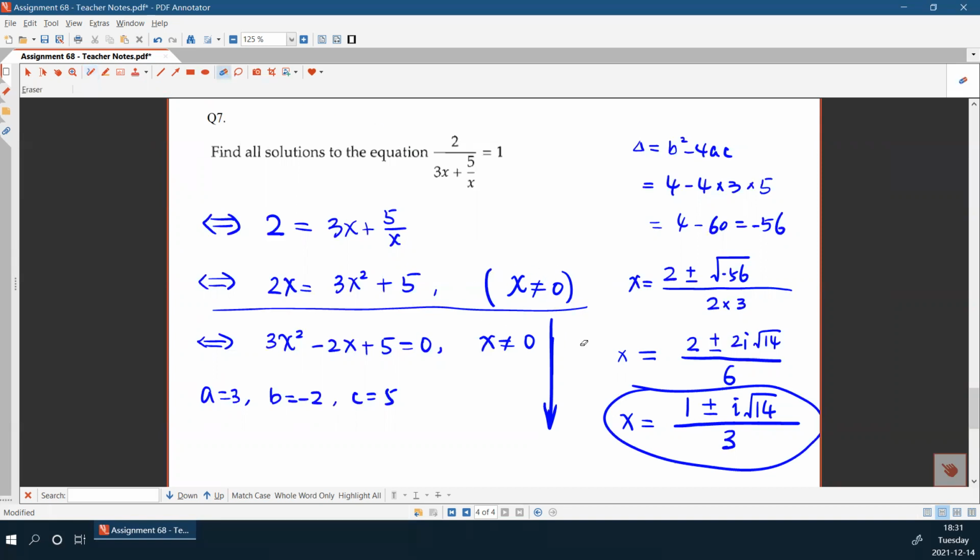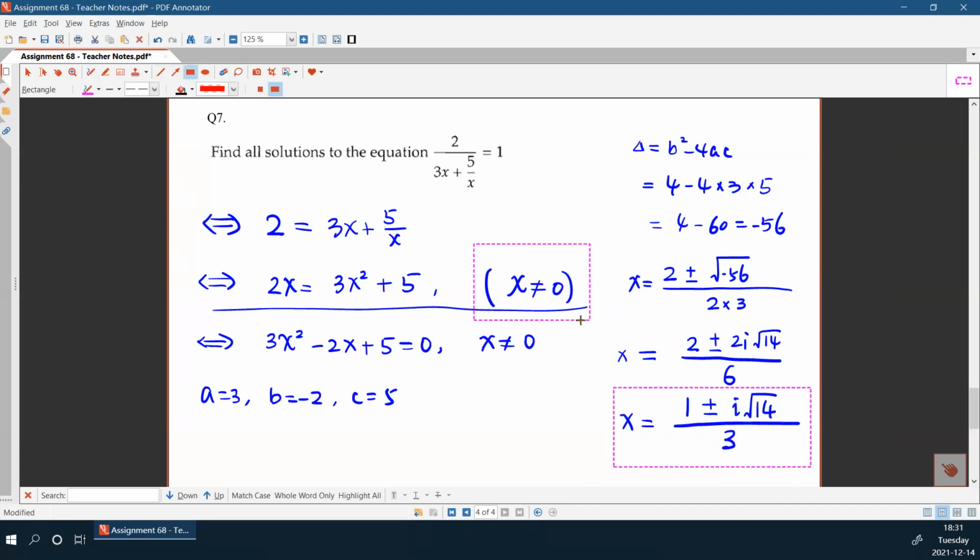So at last, you need to verify if your solution here is 0 or not. So luckily, x is a complex number here, which is not 0. So that means our solutions here are correct, which are not contradictory to the assumption here. You understand? Okay.